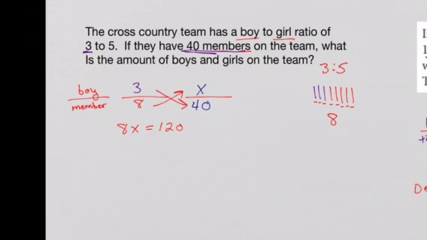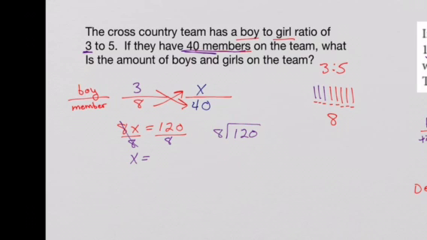So now what we do is we get to skip the step of inverse of constant because there is no constant here, and we go straight to inverse of coefficient. So when we divide both sides by the coefficient, which is 8, we get X remaining on this side, and then we have to find out how many times 8 will go into 120.